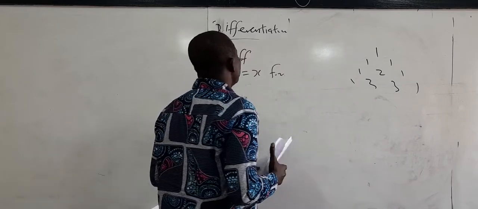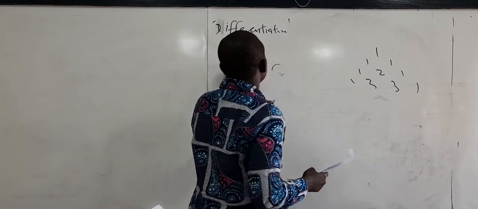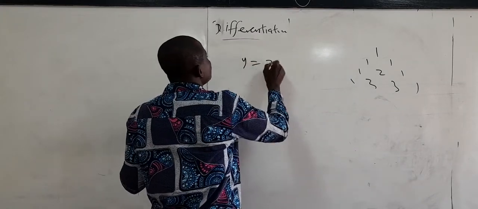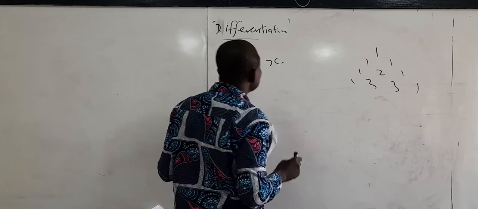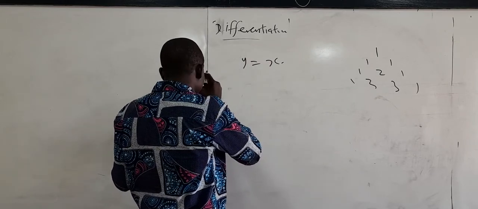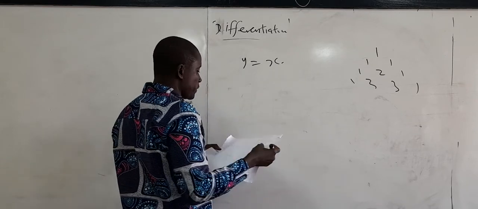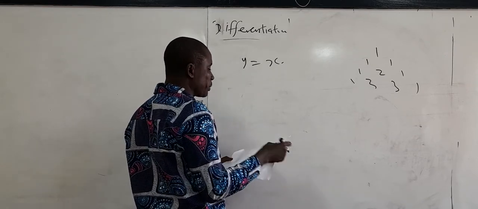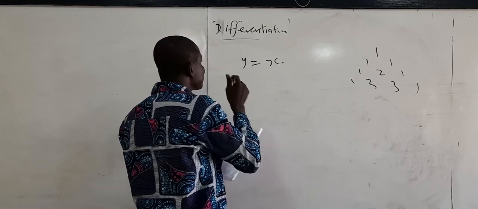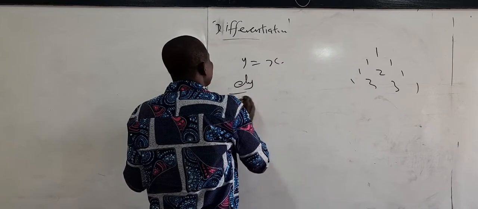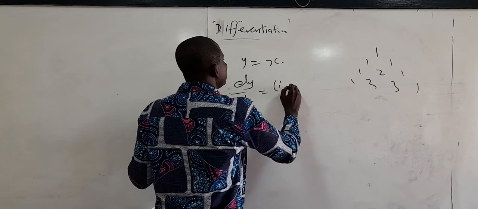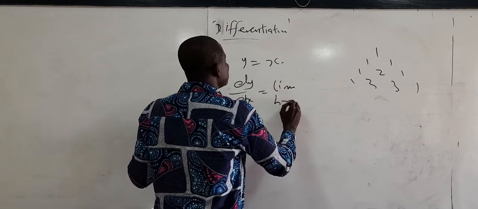Now, if I have an expression like this, and we are asked to differentiate from first principles, y is equal to x, then this is how it goes. If you let this one be x, and we are having a variety of them, so I'm trying to pick them one after the other, and we follow it as such. So in this case, you say that dy/dx, I'm just quoting this, is equal to the limit as h approaches 0.